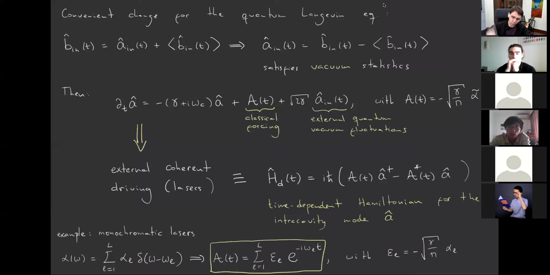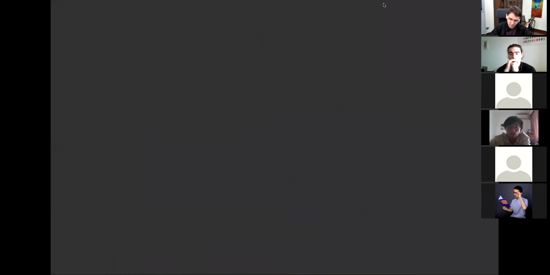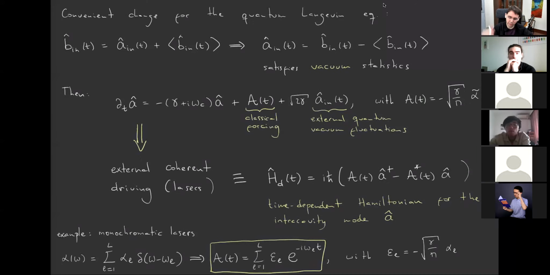So you can always use this kind of periodic driving in order to force the cavity field, and they correspond to external lasers. You just need to have money to buy lasers and to shift the frequencies of the lasers to the frequency that you want, okay? So this is what I want to say about coherent states outside the cavity.